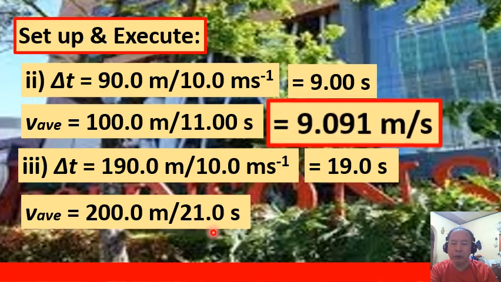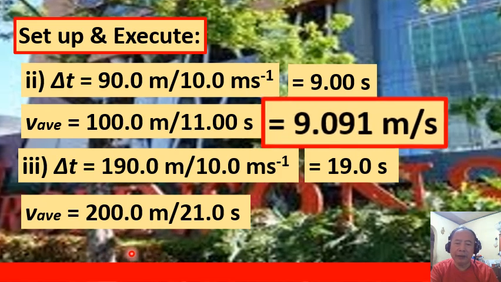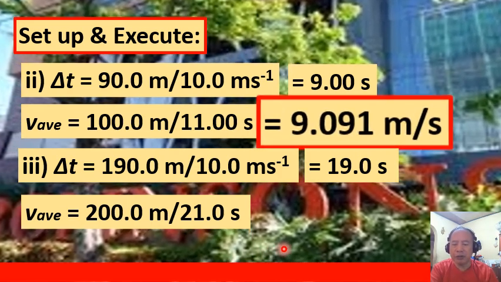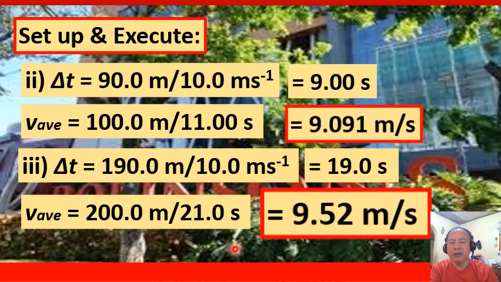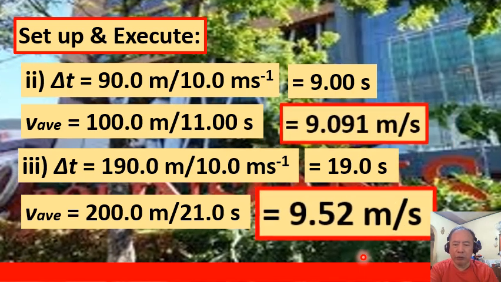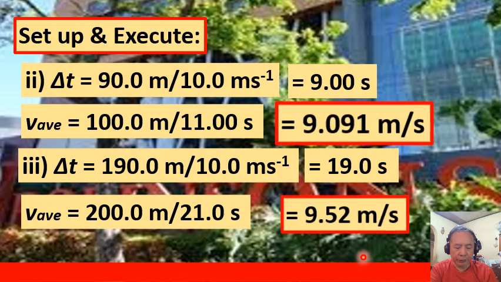That's how we got 21.0 seconds. So finally, doing our math, we find the average speed for the 200.0 meter dash. That is, the average speed equals 9.52 meters per second, also rounded to 3 significant figures.